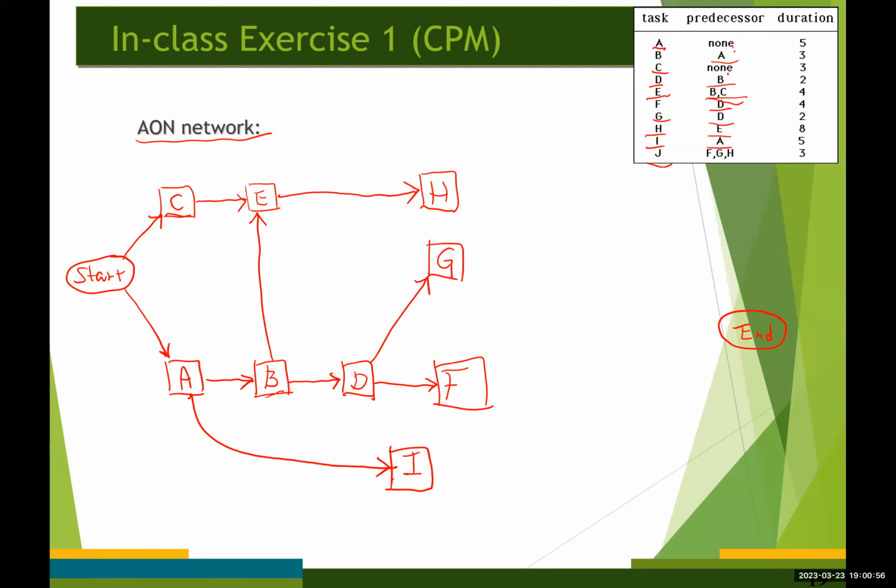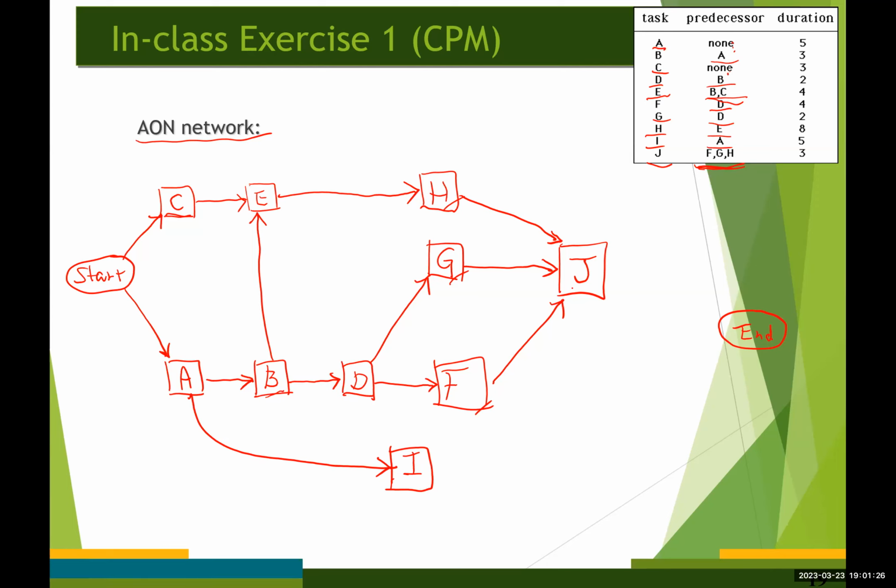Finally, activity J has three predecessors, F, G, H. So we have F, G, and H. Okay, so I'm going to have J here, and then we have directed arcs from the three nodes F, G, H. Okay, and that's it.